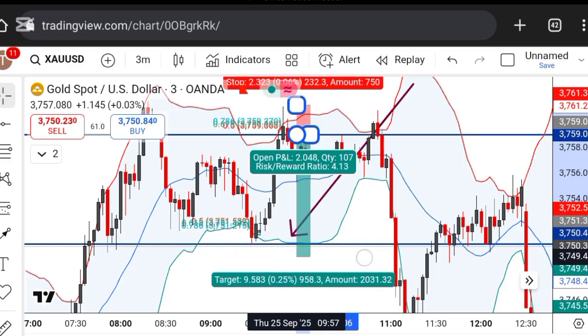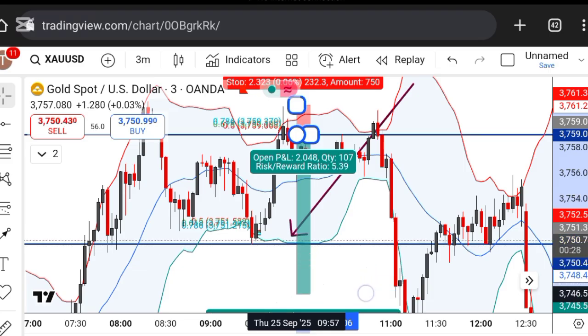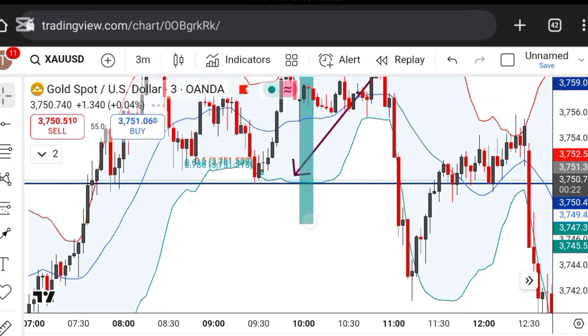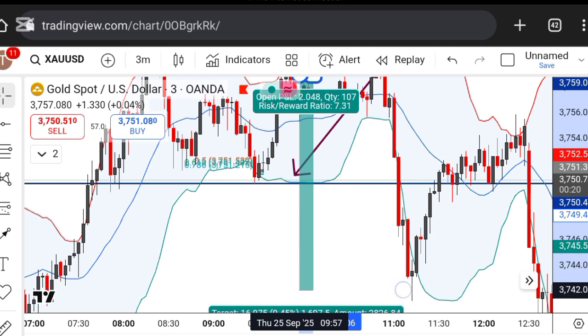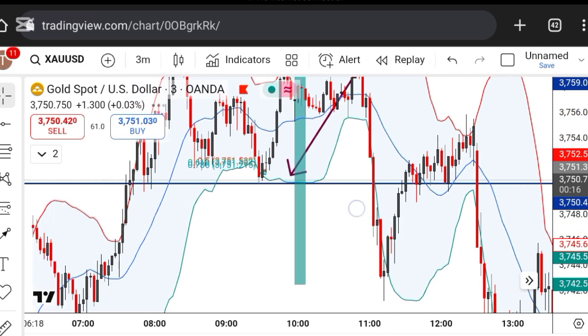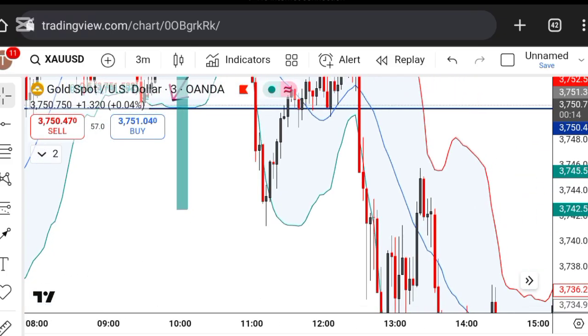So my 1:4 was right there, and 1:5 was right there. You can choose to trail your stop, so once it is 1:7, you close out, which was right there. So we've gotten two trades right there.